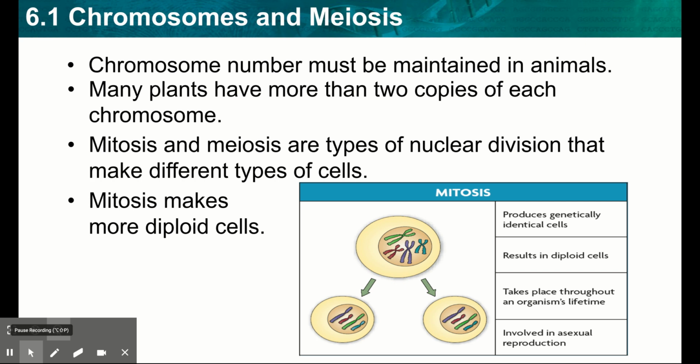That means that a human is going to go through the process of mitosis, our cells are going to go through mitosis, until the day we die. And this is involved in asexual reproduction. Remember, in the process of mitosis, there is no need for male and female. It is simply asexual reproduction from 1 to 2.